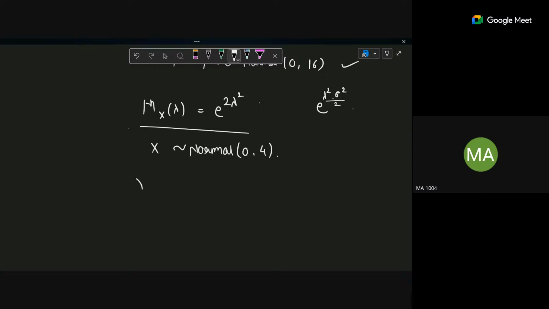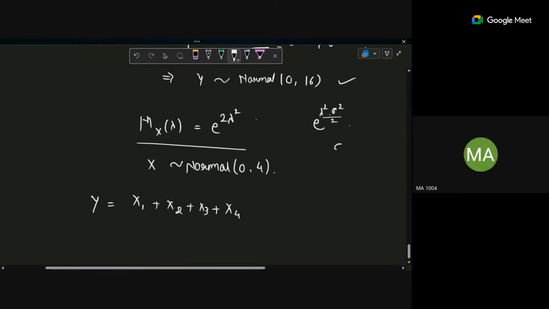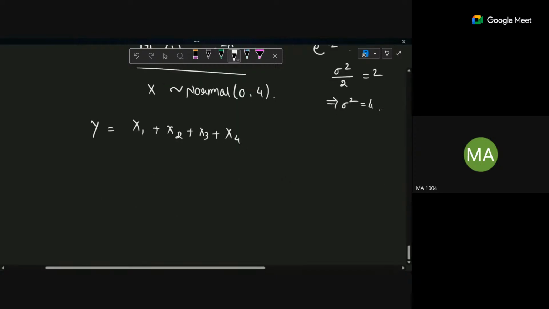Now I have 4 random variables x1, x2, x3 and x4, and I want the distribution of y, which is the sum of random variables. Function of normal is normal, right?